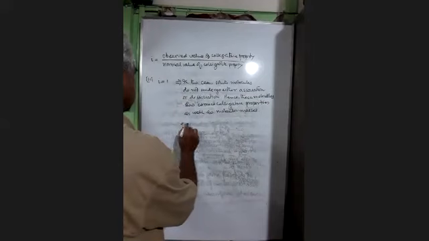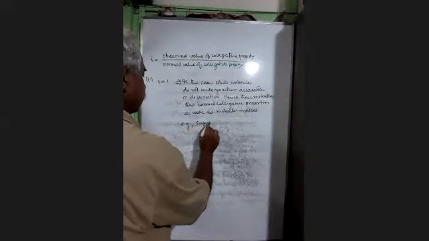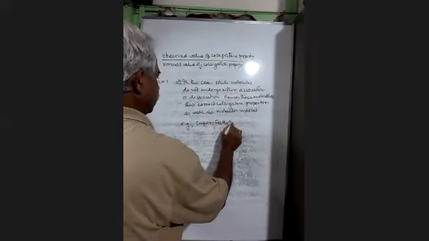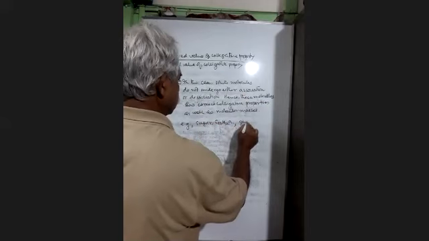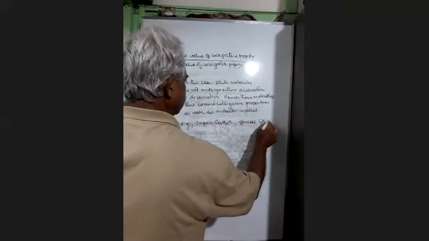See, what are the examples? Sugar C12H22O11. Glucose C6H12O6.